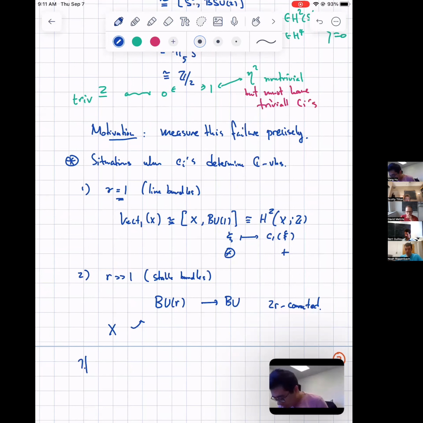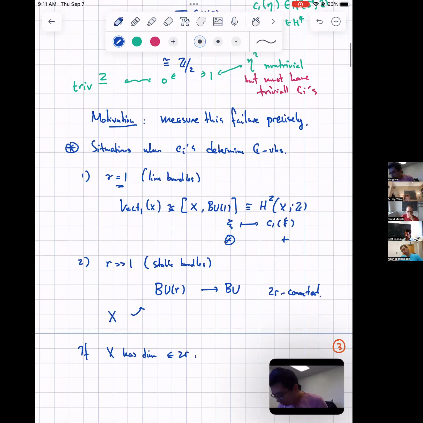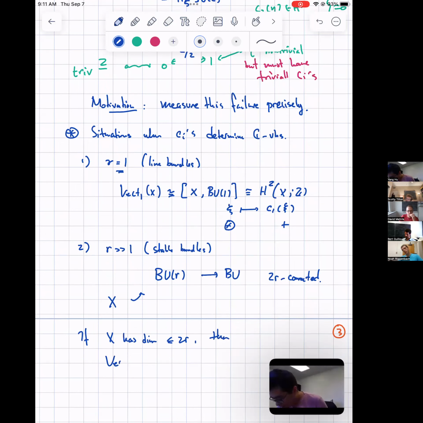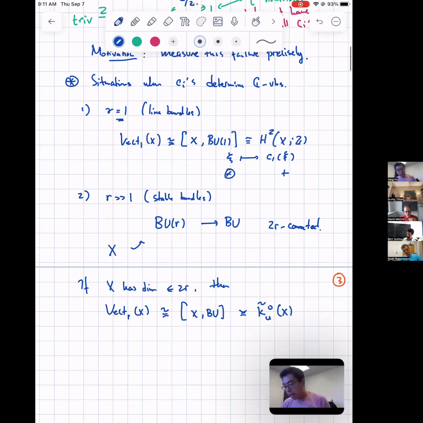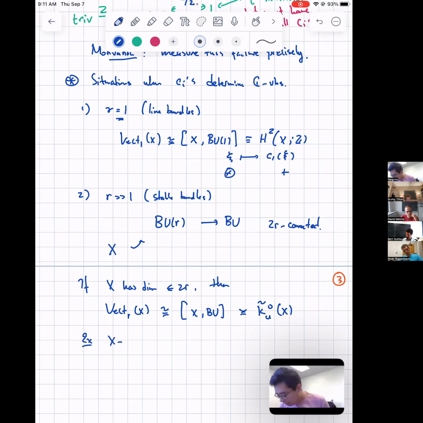So if X has dimension no greater than 2R, then Vect_R(X) is identified with homotopy classes of maps from X to BU, and that's the complex K-theory, so that's reduced KU^0 of X. And in good cases, for example, if X is the complex projective space CP^N, because, for example, the Chern character is injective, we still see that the Chern classes are complete invariants for stable bundles.